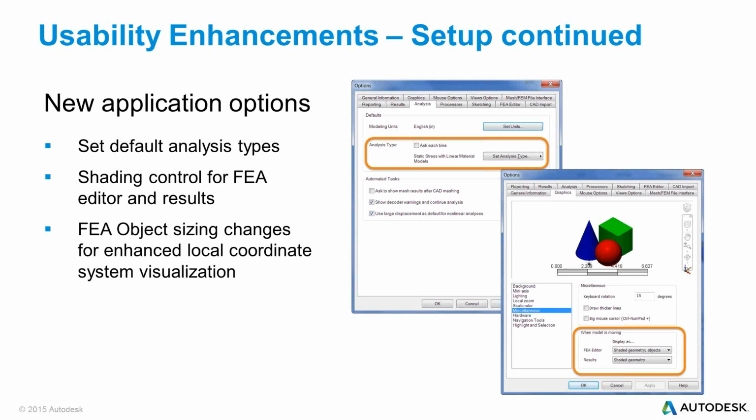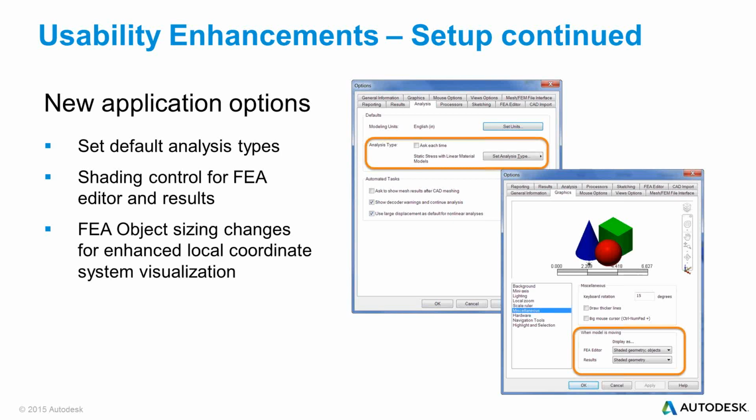So for example, if you're predominantly performing heat transfer analyses, you can make that analysis type the default, which means the next time you push a model from Inventor to simulation, we won't stop you and ask you which analysis type you want, and we'll just automatically assign that heat transfer analysis. And this will save you a lot of time during that CAD import portion of your workflow.